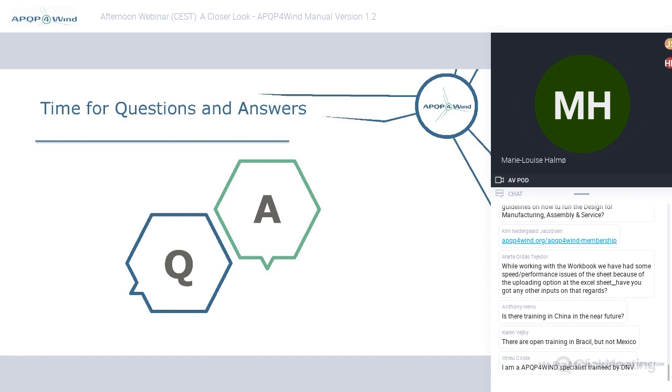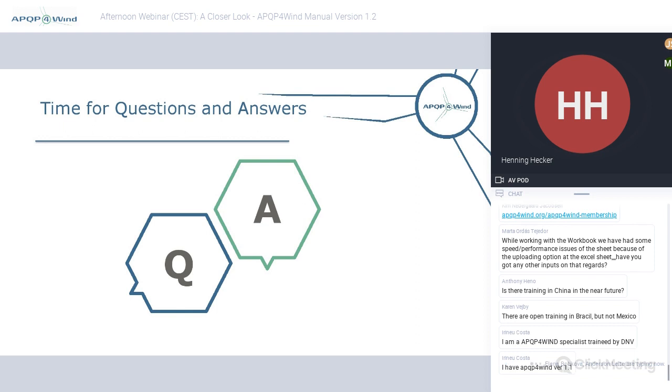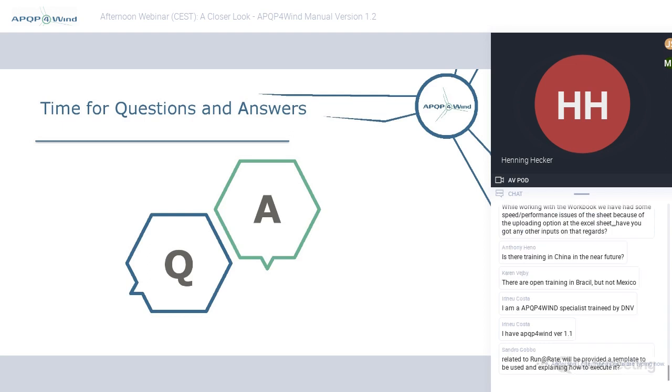Yeah, that's a good question. You can find in the changelog that there are some inclusions on design for manufacturing, assembly, and service. The current changes pertain to considering the complete value chain in the design.